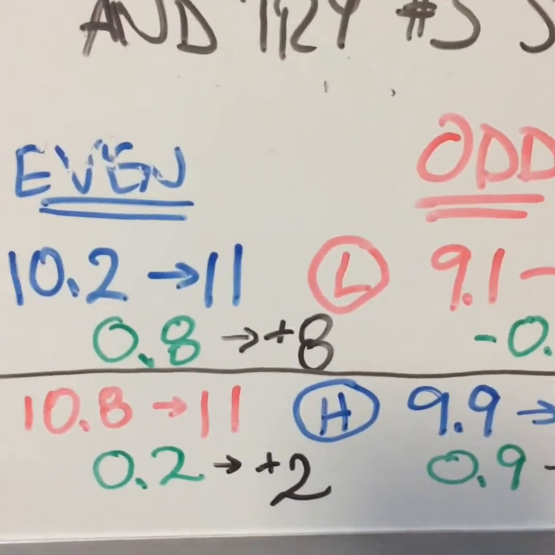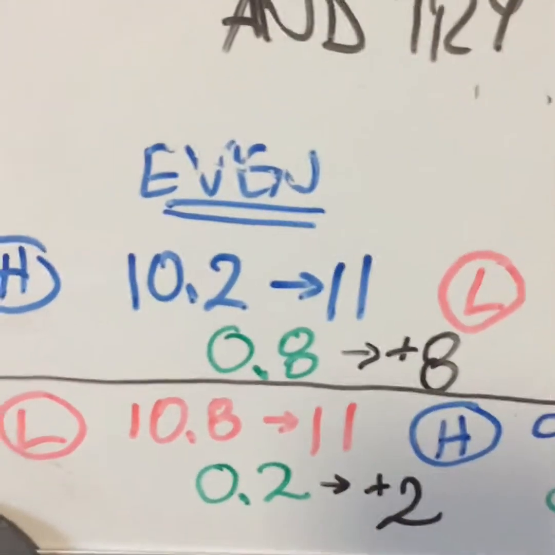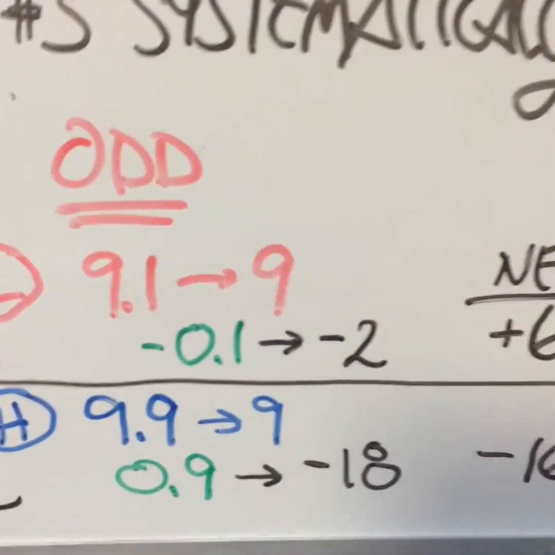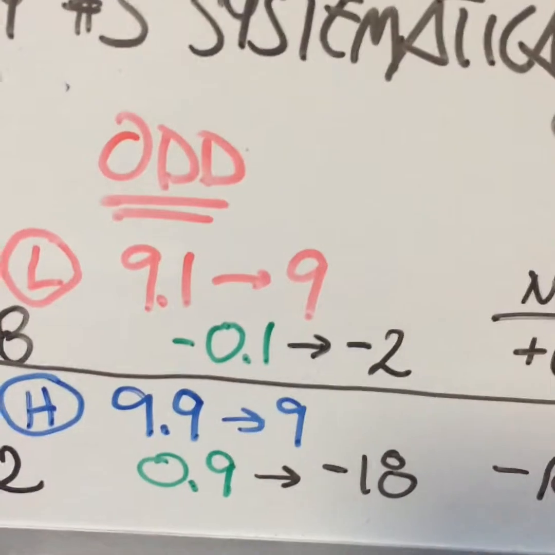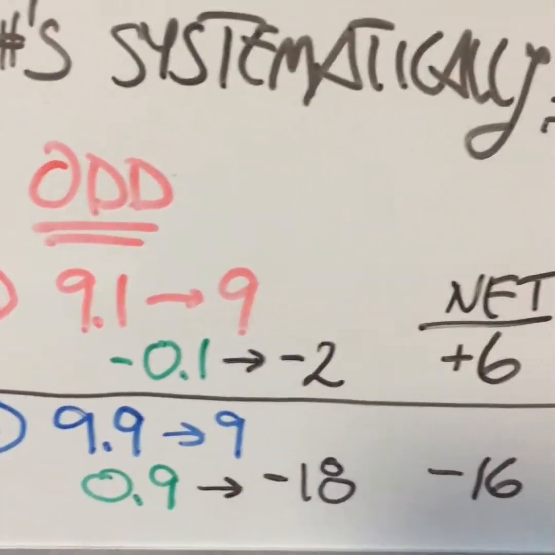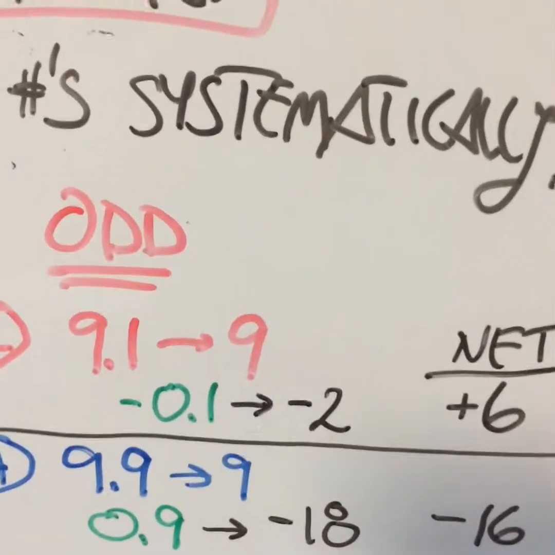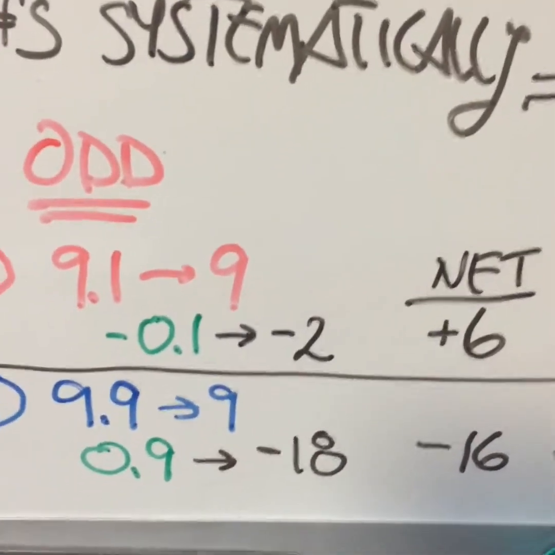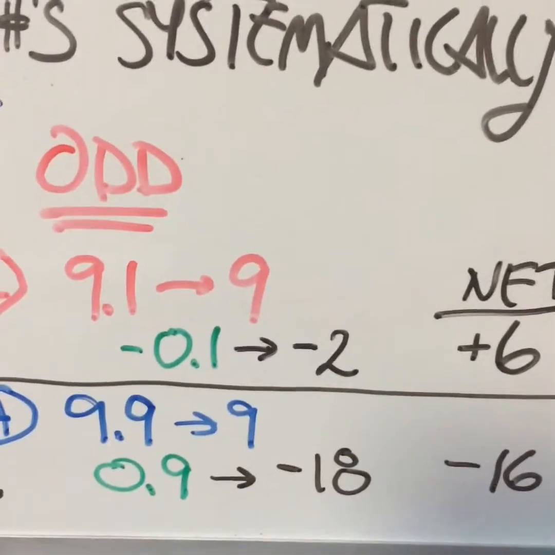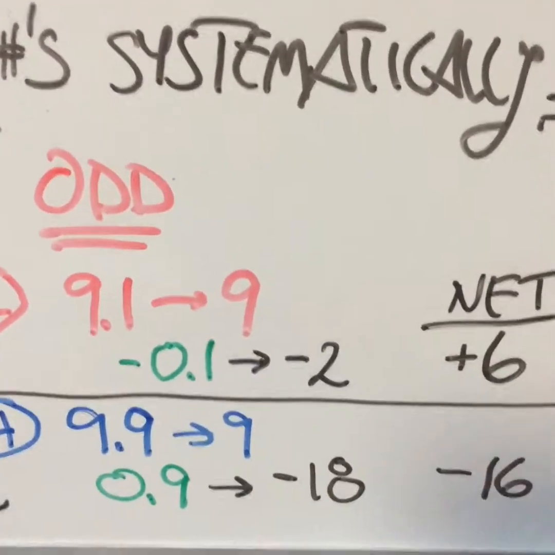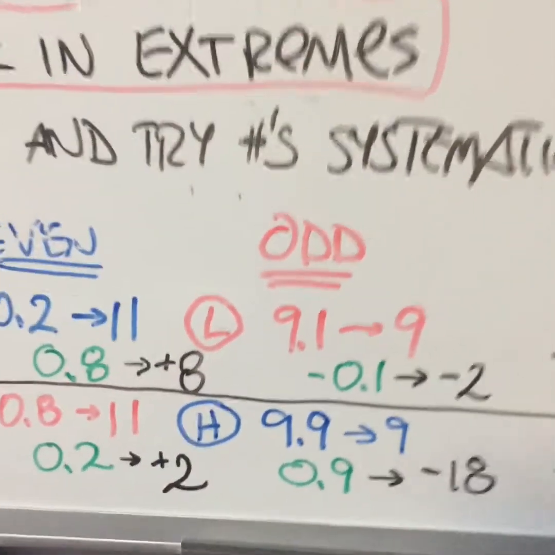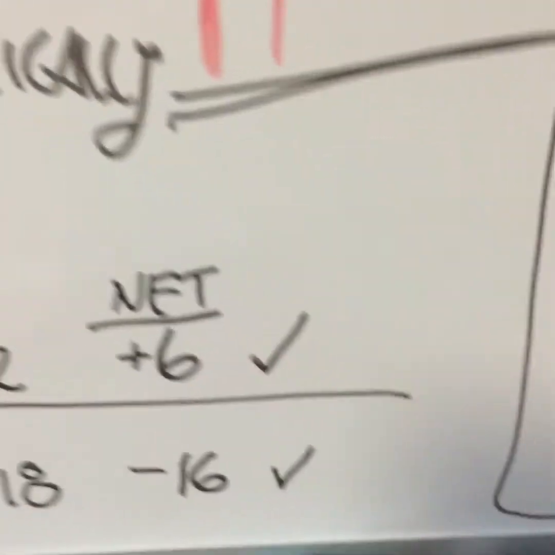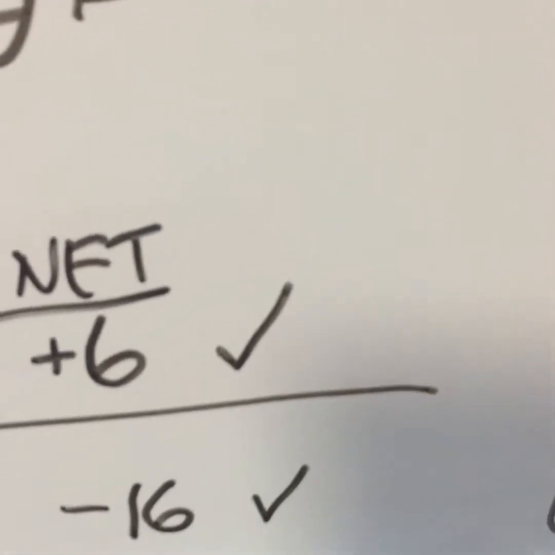Ten of those would give me a contributed positive 2. 9.9, on the other hand, gives me a very big gap down to 9, because remember, we're rounding odds down. 9.9 to 9 means negative 0.9, and 20 of those would give me negative 18. When I add plus 2 and minus 18, we get a net of minus 16.